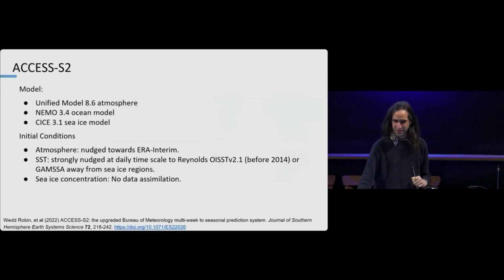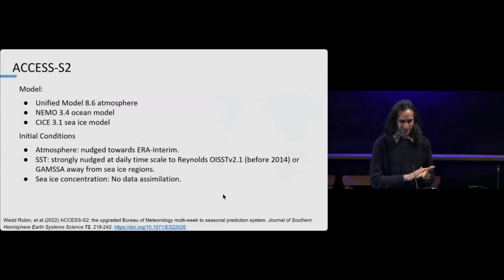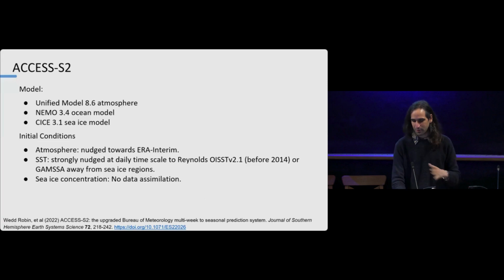So let's talk about ACCESS-S2, which is not supported by ACCESS-NRI, so don't beat me up. This is the model configuration. It is a seasonal forecasting system by the Bureau. One key difference, from the point of view of my research, is that ACCESS-S2 does not assimilate sea ice concentrations.